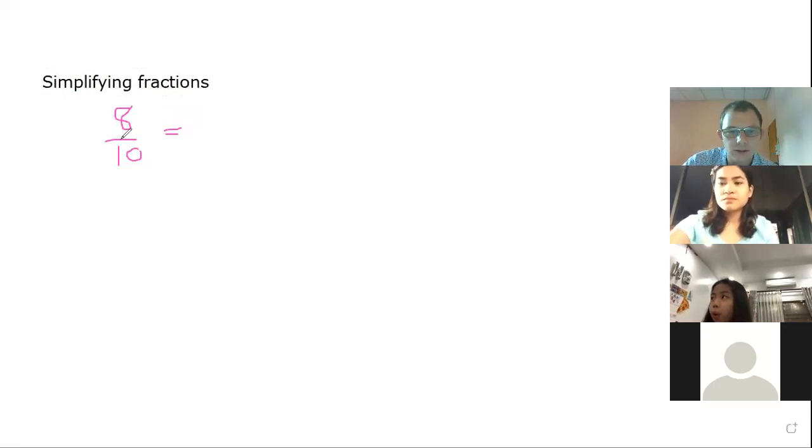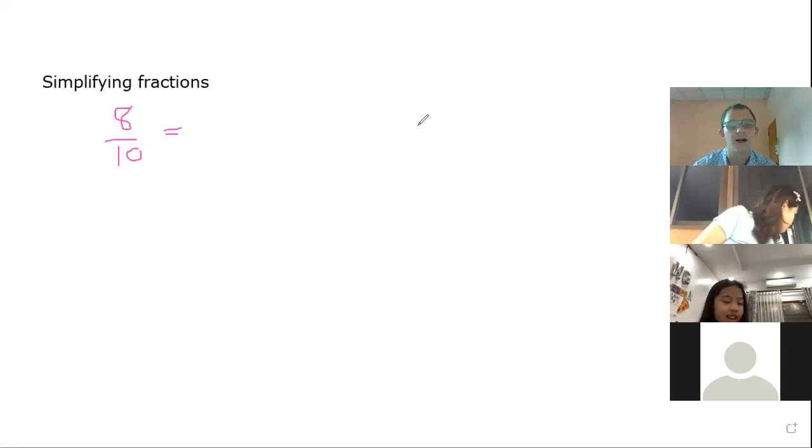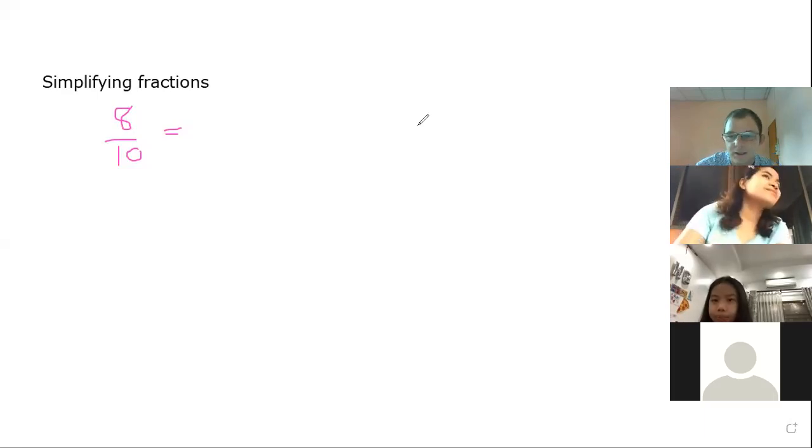Are you able? Let me just make sure. Yes, you are able to write on the whiteboard. Is there anyone that wants to try and simplify this fraction? Who's going to try? And show me what we have learned so far.